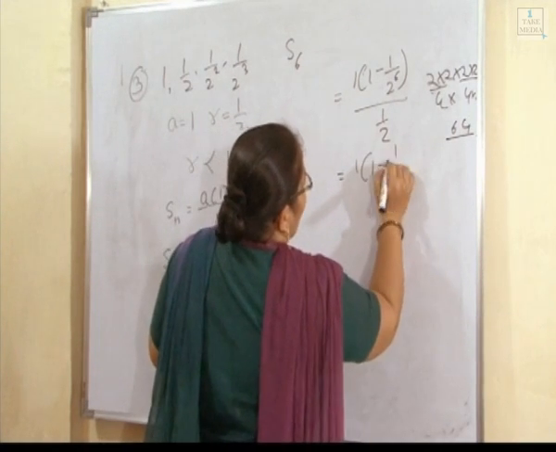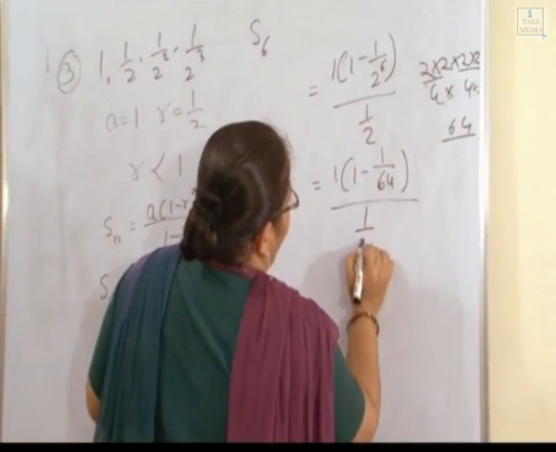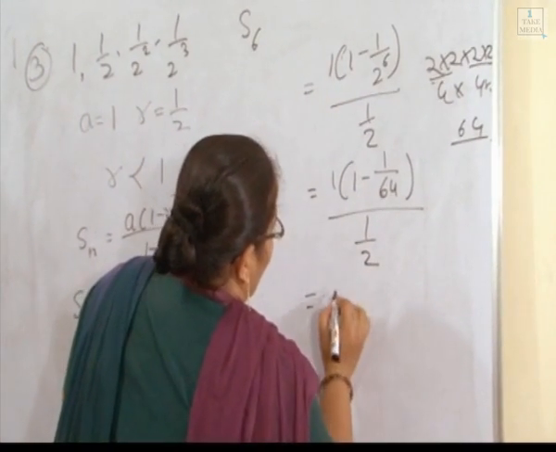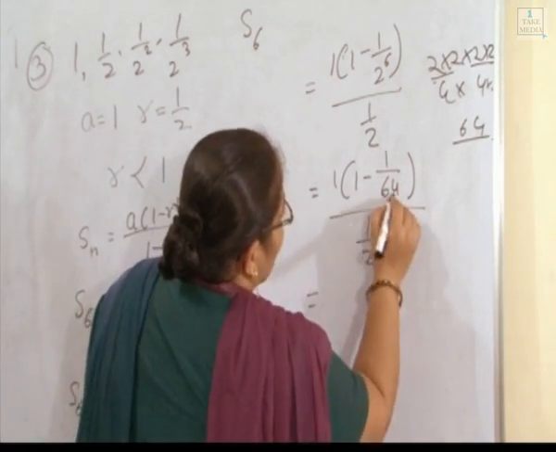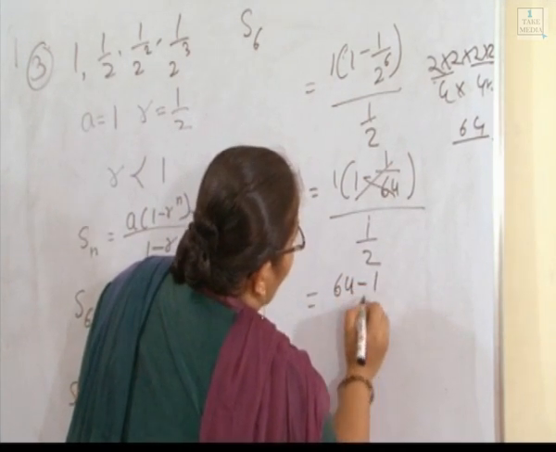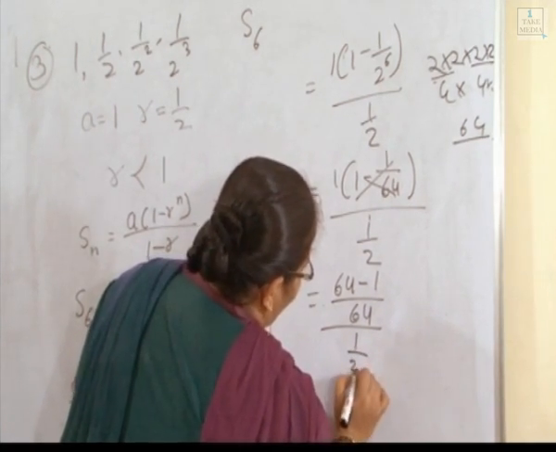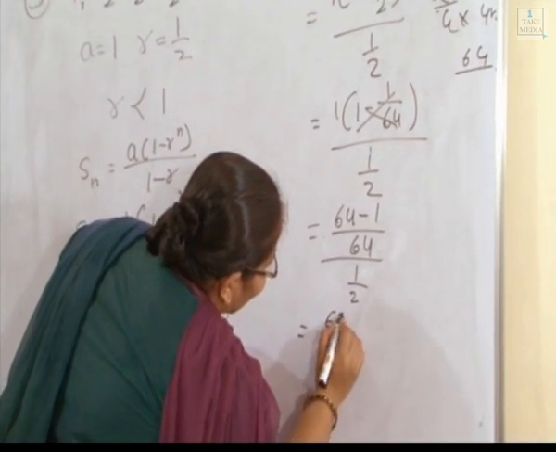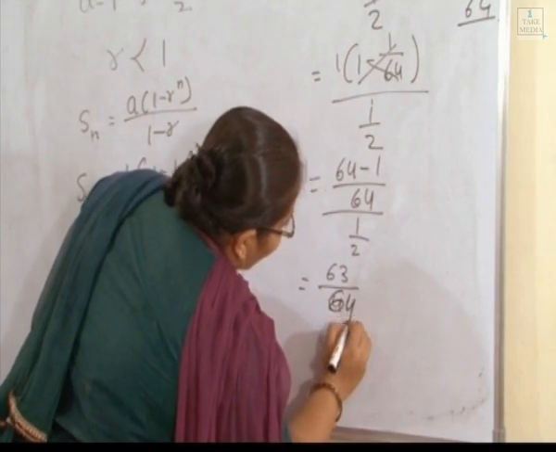So we will write 1 upon 64 upon half. So we will do the cross multiplication. 64 minus 1 upon 64 upon half means the answer comes 63 upon 64 upon half.